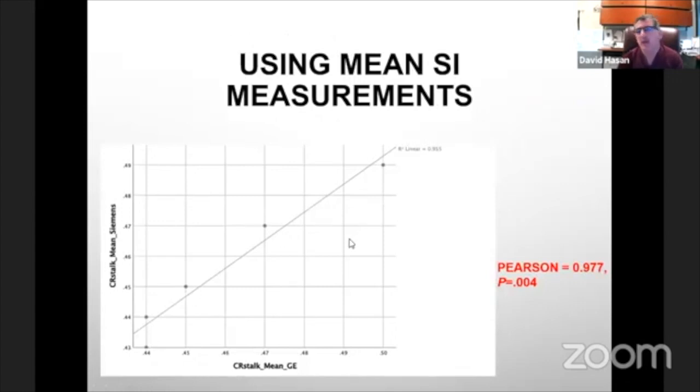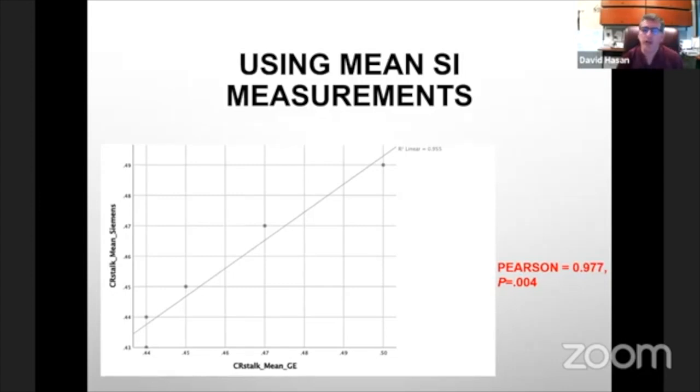If you use the absolute value for the signal intensity, then there's no correlation whatsoever. However, if you use the stock ratio and normalize it by doing that ratio, then you can have almost a linear relationship. So when I tell Raja in India that on my Siemens machine the C-stock is 0.6, if he does the same exact patient in India, using the GE and that ratio, he'll come up with the same number.